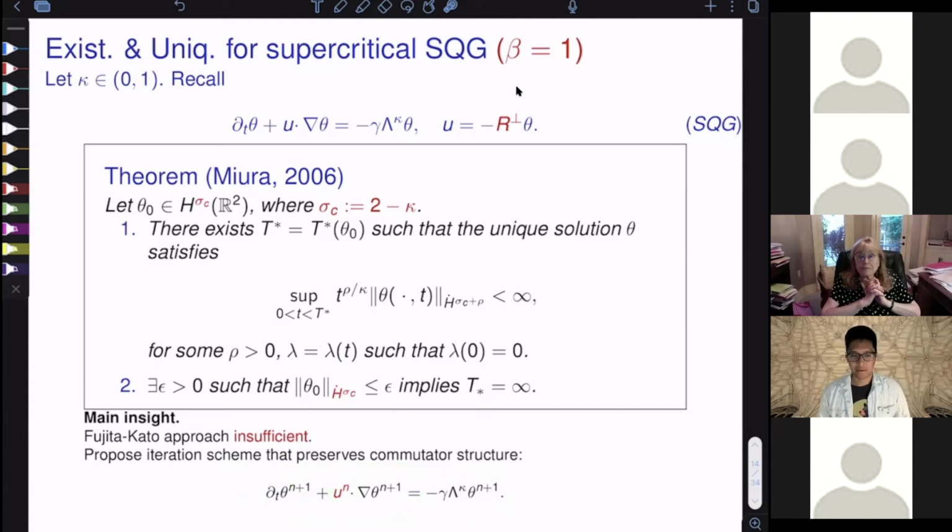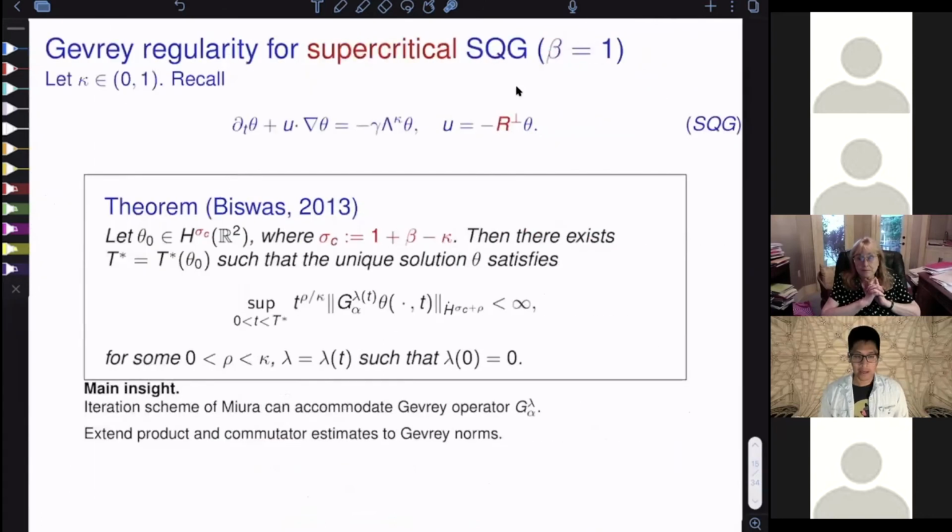Okay, so that was from Miura, and then the subsequent result for showing that the Miura solutions were analytic, were smooth, in particular belonged to a Gevrey class, was done by Biswas in 2013. So this essentially amounted to doing a priori estimates on the Miura approximation scheme, but in a Gevrey norm.